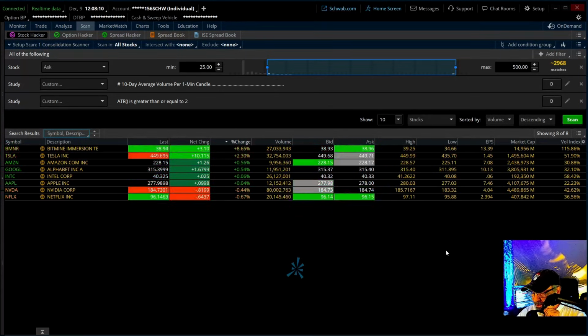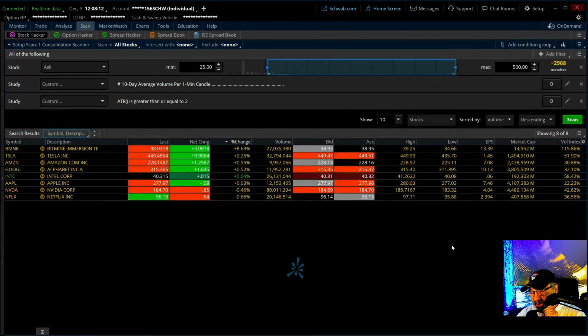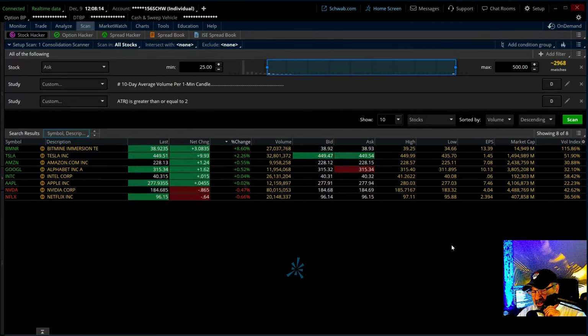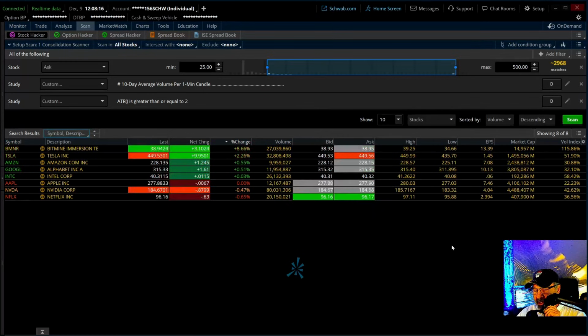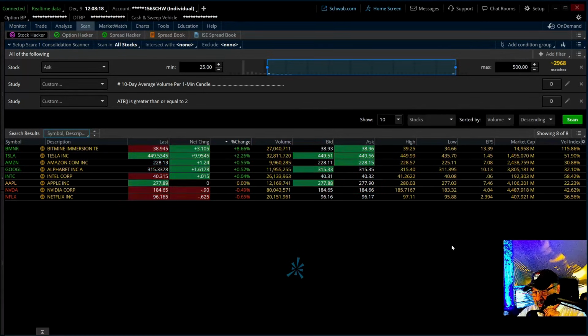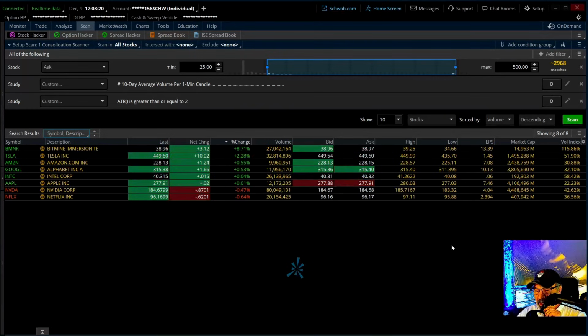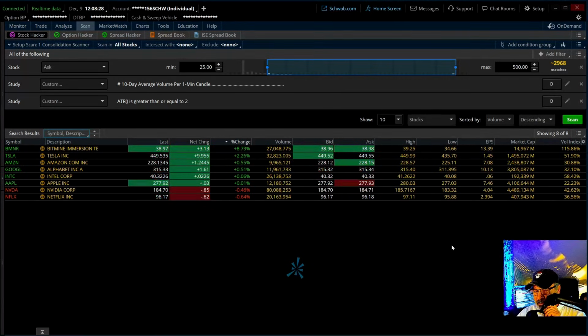So this one is called the consolidation scanner, and what it does is it gets a price between $25 and $500, or $25 and $400. I have it at $400 on my own a lot of times. And then a minimum of 100K of volume in 1 minute.